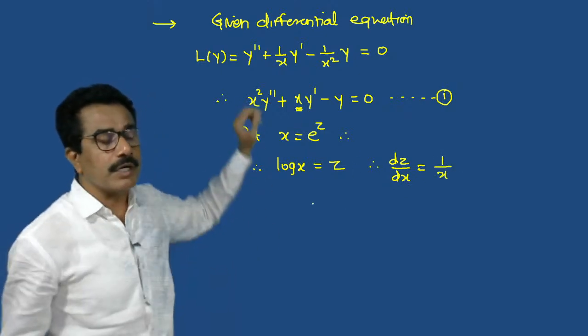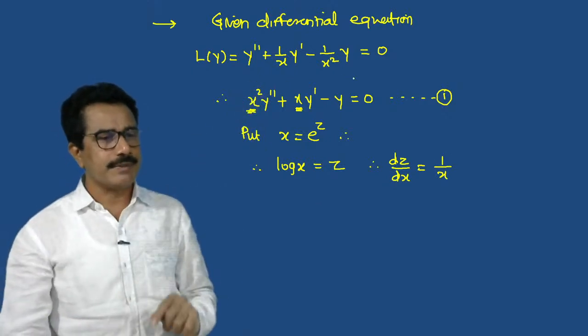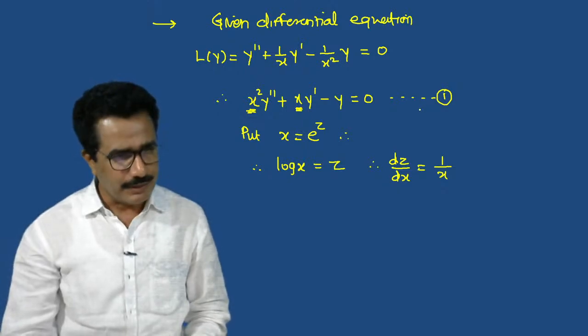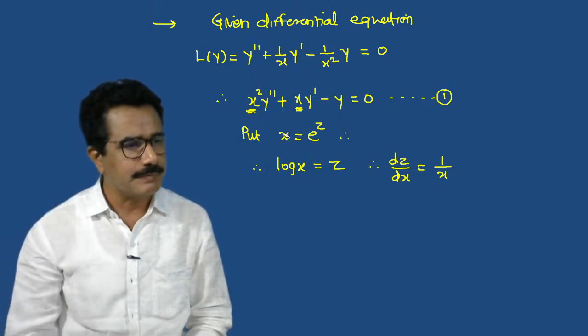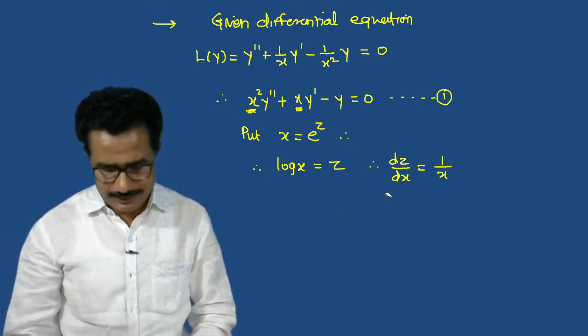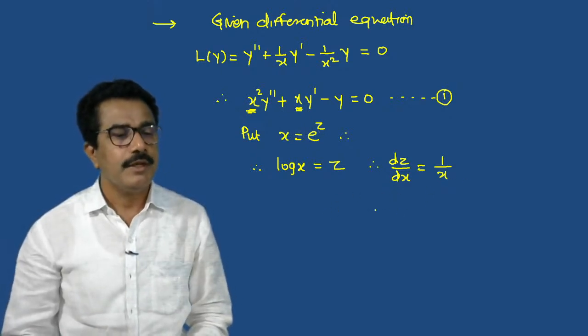Now we have to convert this problem. dz by dx equals to 1 by x.